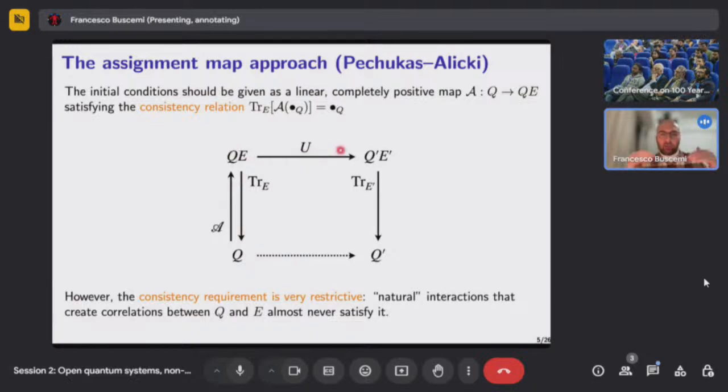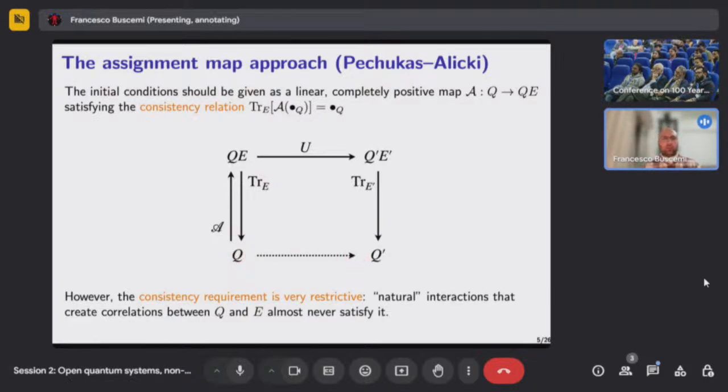So you would have a unitary evolution here, and then conclude the cycle throwing away the environment after the joint evolution. And this would, by construction, because this would be the composition of three completely positive maps, give you a completely positive map for the system alone.